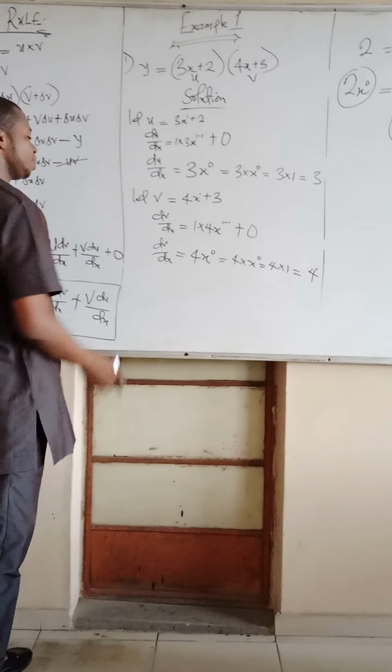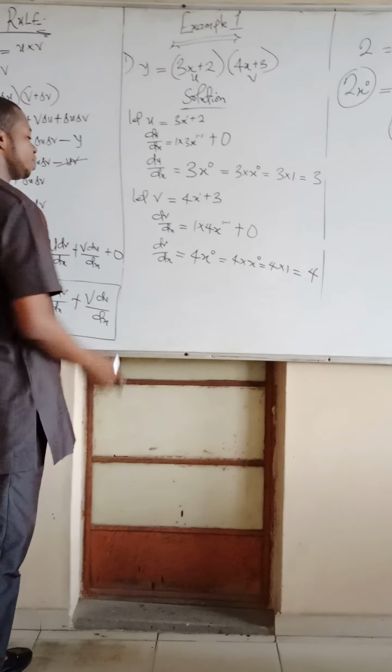u dv/dx plus v du/dx. It's better written this way. I put it this way. Okay, u dv/dx plus v du/dx.